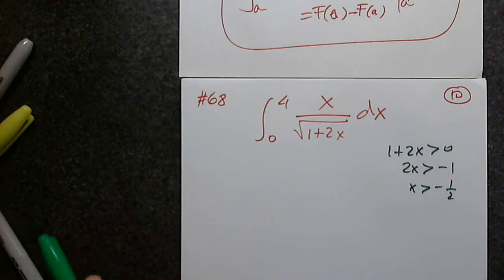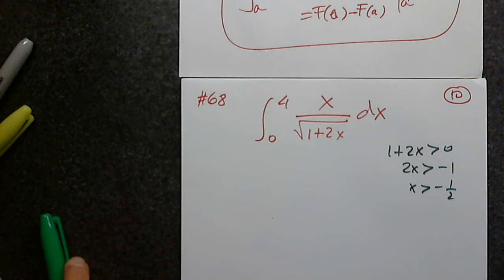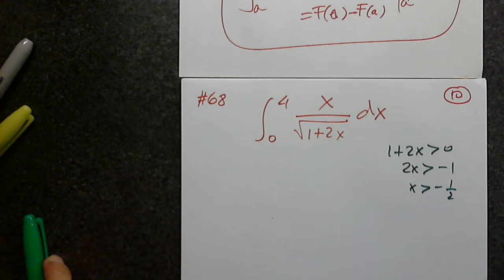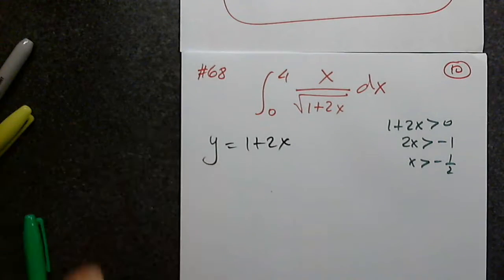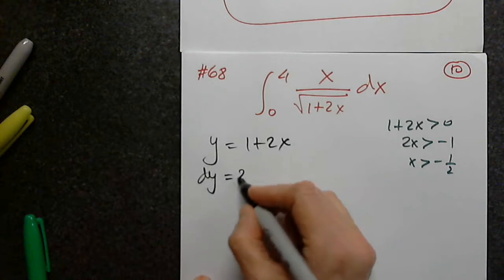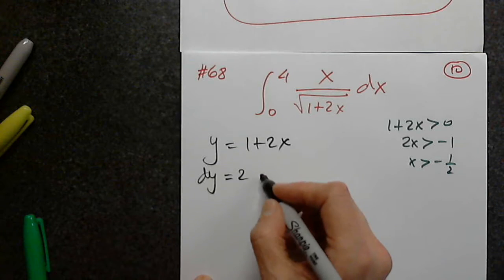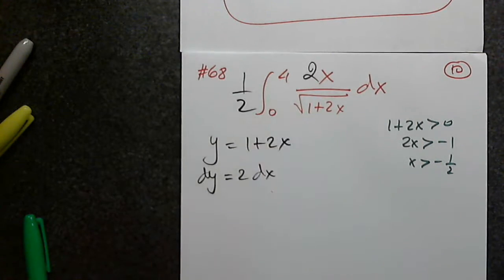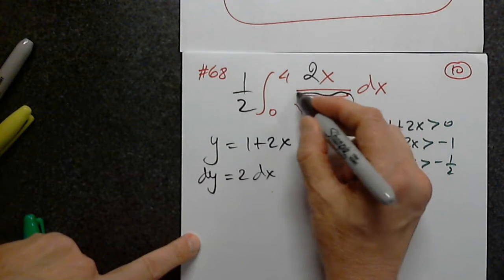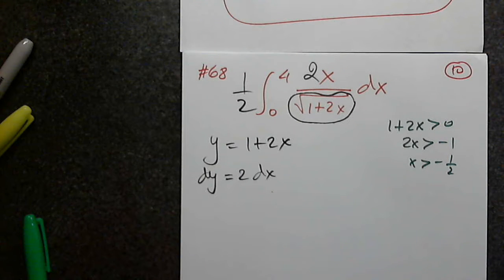Okay, so what would you recommend we do? One plus 2x. Okay, perfect. So let y be 1 plus 2x. dy equals, not sufficient, not very good. I don't have a problem with 2. So this will turn out to be dy over 2, indeed.